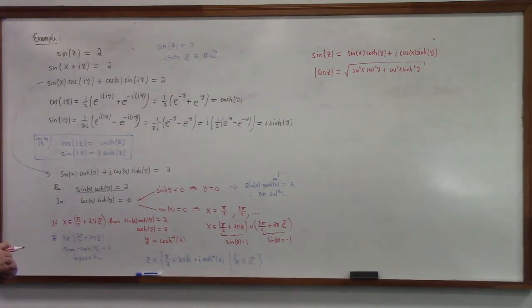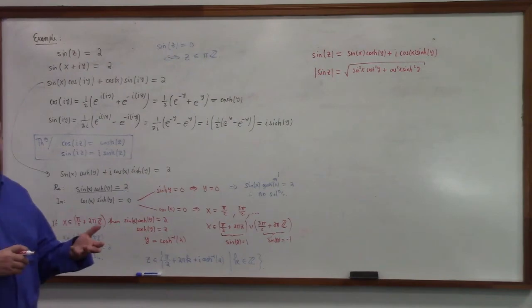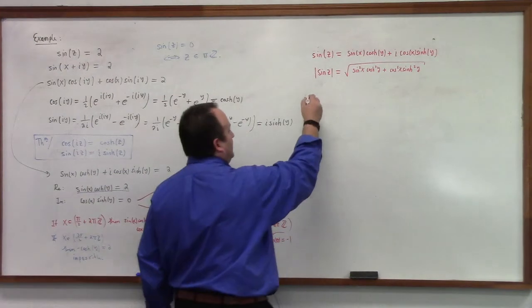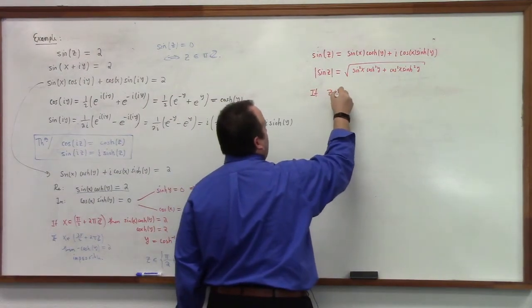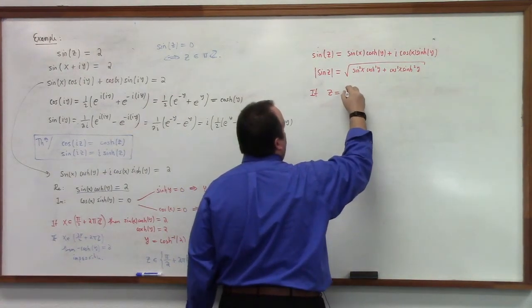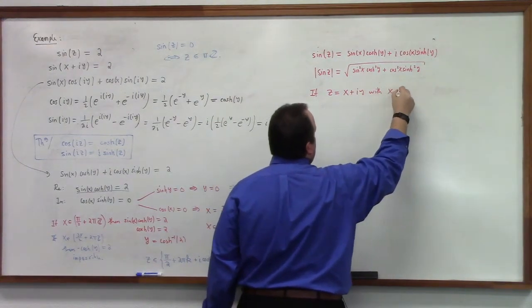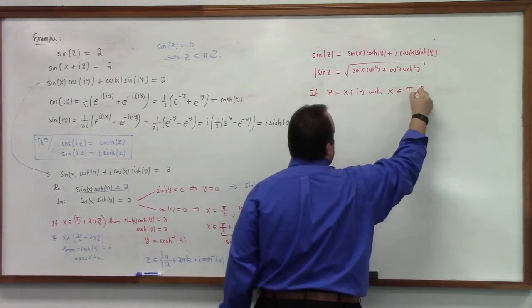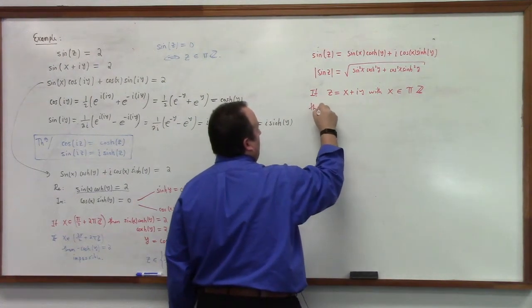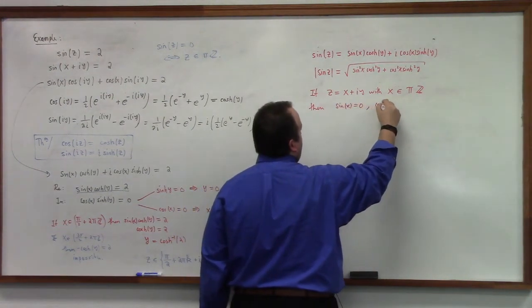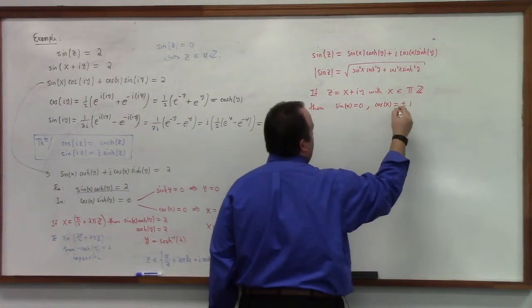And there's no reason that that has to be small. You can choose the x which makes sine of x equal 1. For example, if z is equal to x plus iy with x an element of integer multiples of pi, then of course sine of x equals 0, and cosine of x is equal to plus or minus 1 in that case.